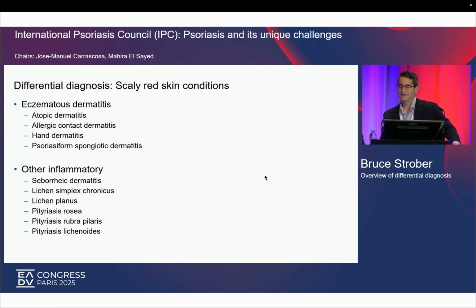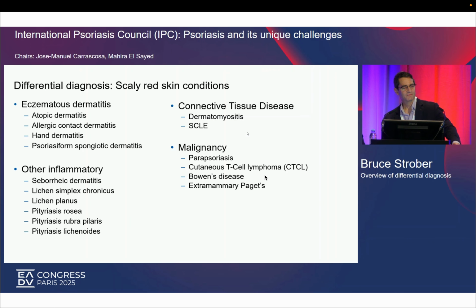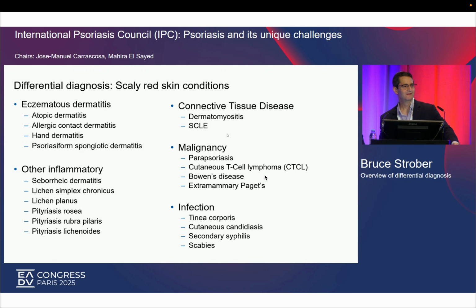The other inflammatory conditions, which are common, those are the ones you probably most commonly would see besides the eczematous dermatitis. Then you have rare conditions like connective tissue disease, malignancies, and finally infections. And so with this list, and there's probably a few I missed, so don't get mad at me if I left off your favorite mimicker of psoriasis.